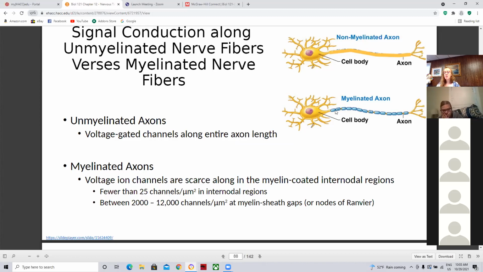So in the areas that are covered with myelin along the axon, there's no voltage gated channels except at the nodes where there isn't myelin. There's fewer than 25 channels per micrometer squared in the internodal regions, and between 2,000 to 12,000 channels per micrometer squared at the gaps.